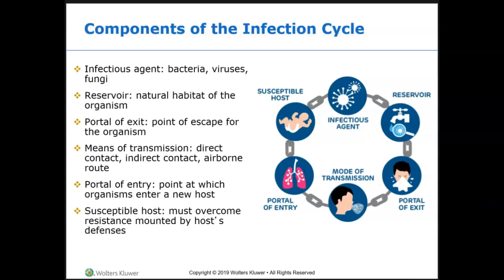Next, we have a reservoir. So a reservoir is where the organism is going to grow, right? So the organism is going to grow and multiply in the natural habitat of the organism. That's called a reservoir.